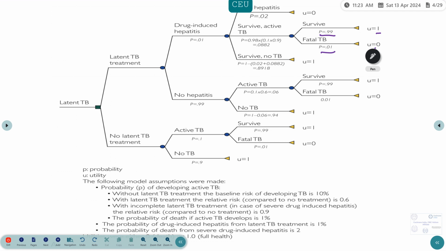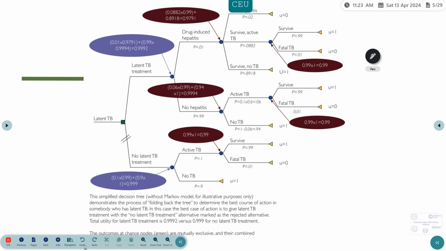These probabilities we calculate back; we fold back, it's called folding back, and based on that we decide which arm is better. So here you see the probabilities are calculated, then we sum the probabilities and keep folding back. Here 0.1 into 0.9 plus 0 into 0.01 comes to 0.99.